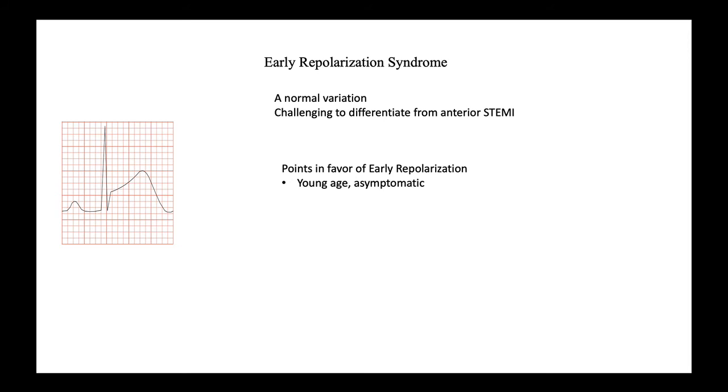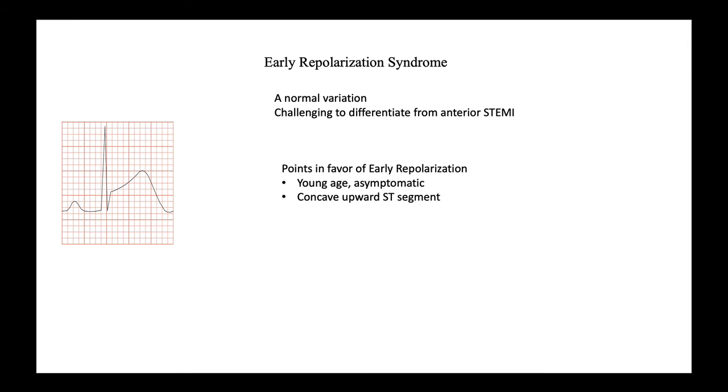So if someone comes to you with chest pain and he has an earlier ECG from when he was asymptomatic and it shows the same ST elevation, it's probably the same ECG change of early repolarization. And the other thing on this ECG is it will be a concave upward ST segment elevation. So that again goes in favor of early repolarization.